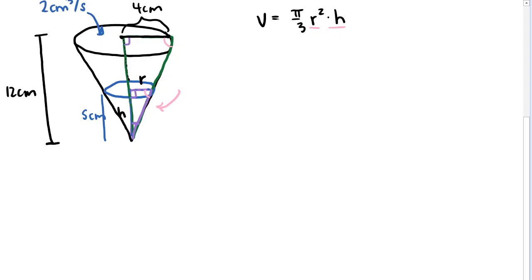So here, that tells us that r over 4, this side divided by this side length, is going to be equal to what we get when we take this side length and divide it by this side length. This is 12 centimeters. So this is h over 12.